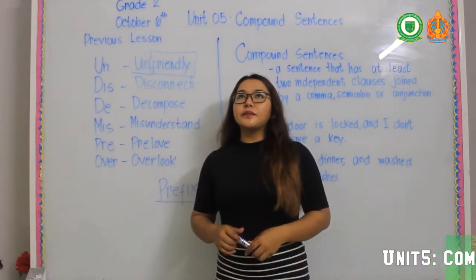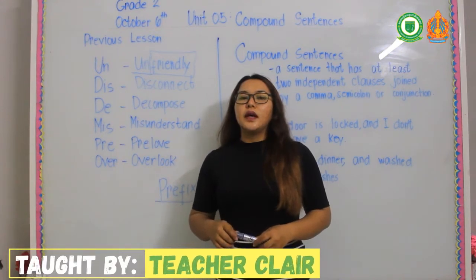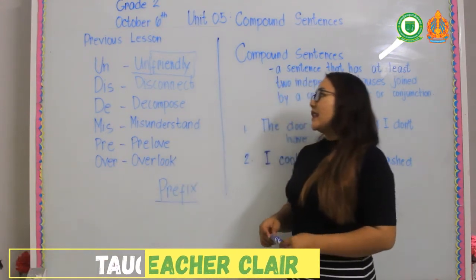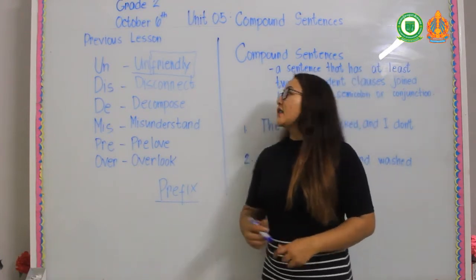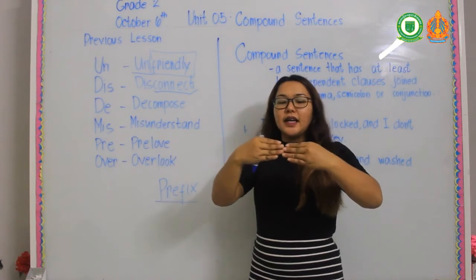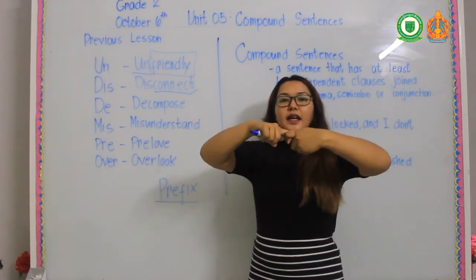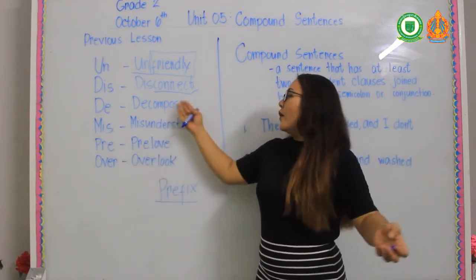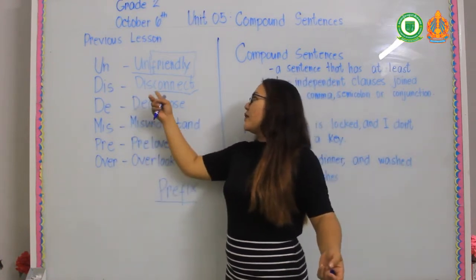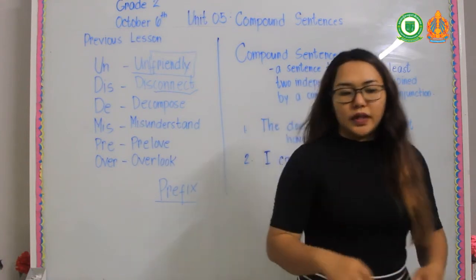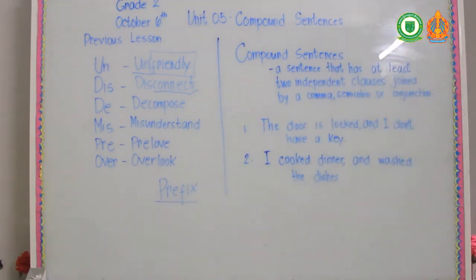What else? Natural, unnatural. Alright? Next, disconnect. So the base word here is connect, right? Now when we say disconnect, when you add this prefix to the word connect, it will be totally the opposite of the word connect.